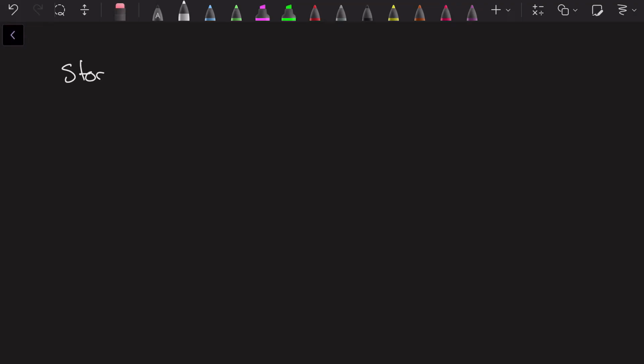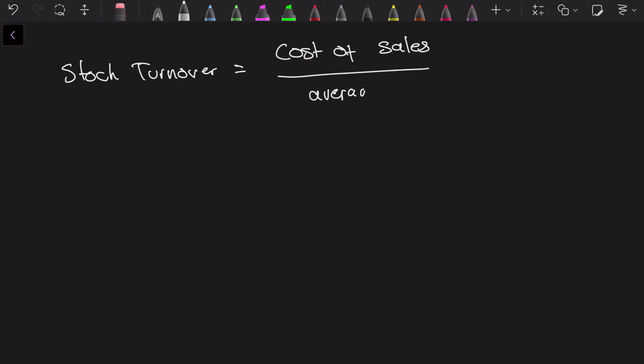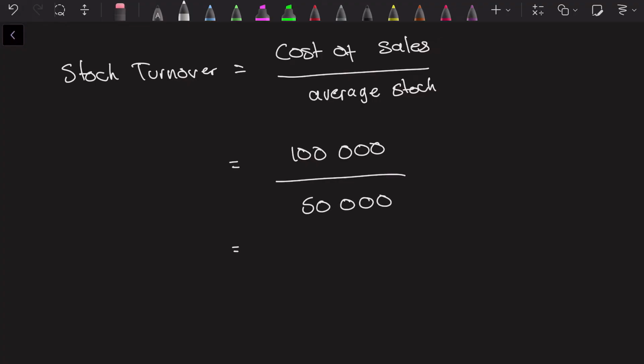Right, stock turnover is also pretty chill. It is equal to the cost of sales over the average stock. So if the cost of sales was, for example, $100,000 and the average stock was valued at $50,000, the stock turnover is equal to 2.